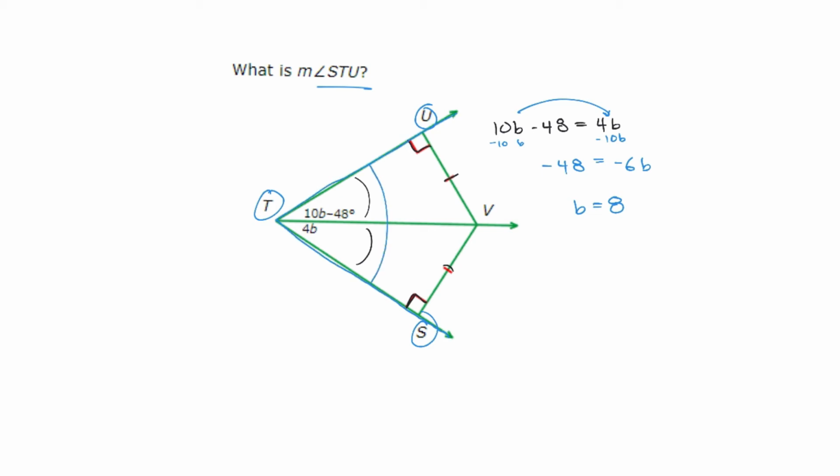They're asking for this whole angle, so I could plug in for one of the two angles, get 32, double that, and get 64. Or you just multiply by 2, and you also get 64.